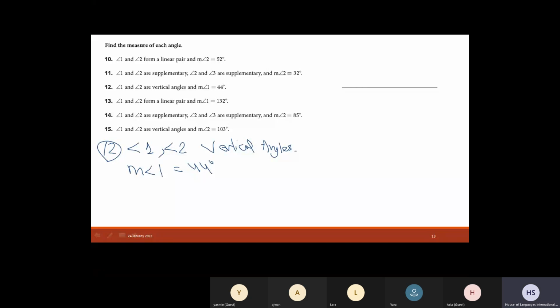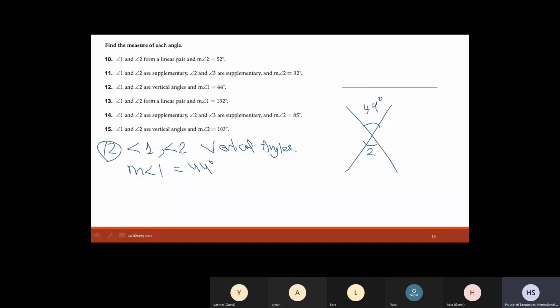Why? No, don't subtract. What do I mean by vertical angles? The vertical angles are like this. This is 1 and this is 2.